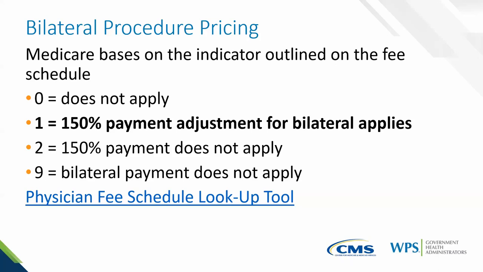Under the 2, the 150% payment does not apply. An example of this is going to be your diagnostic, like x-rays, radiology. Medicare will simply pay for 2 of those and pay in full for 2. And then 9, the bilateral policy doesn't apply. Generally speaking, that's going to be on evaluation and management services, other things that have nothing to do with the surgical pricing.